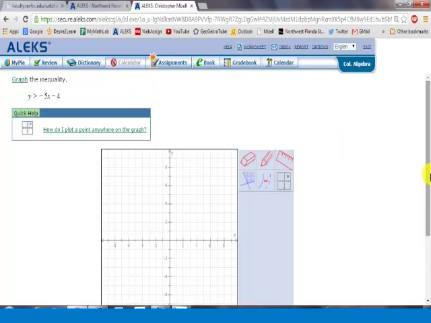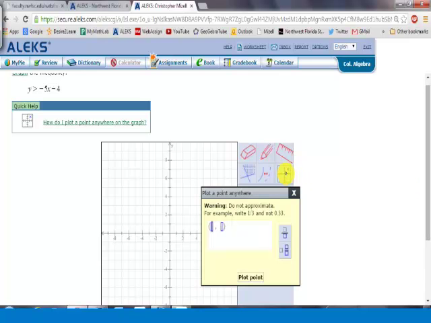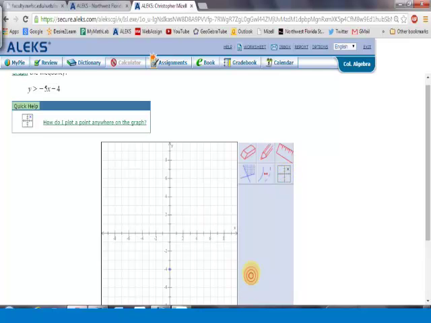Graph the inequality y is greater than negative 5x minus 4. If it's in slope-intercept form, we can plot a point, the y-intercept, so 0, negative 4. That's a point on the graph. And then use the idea of slope.